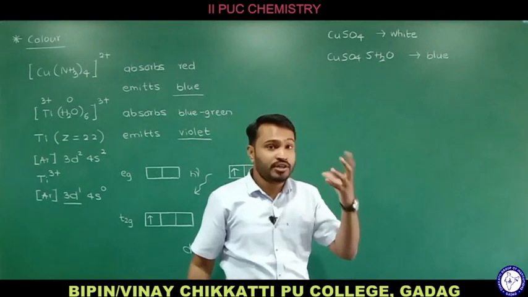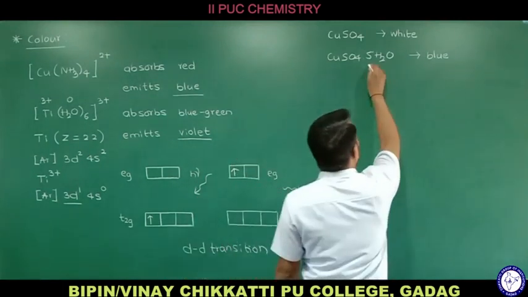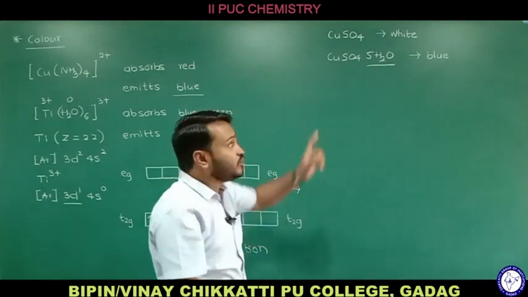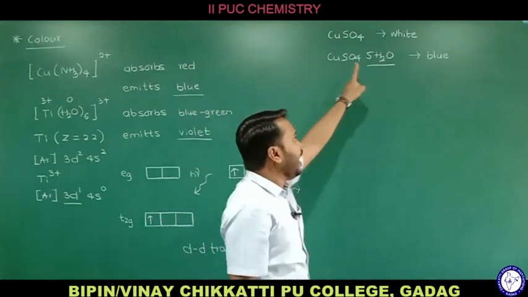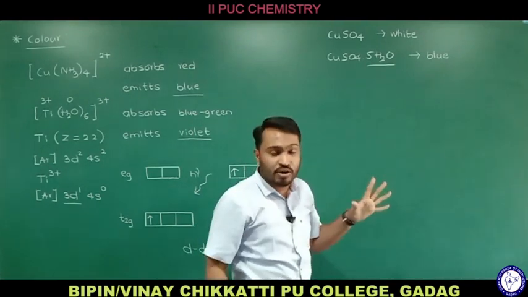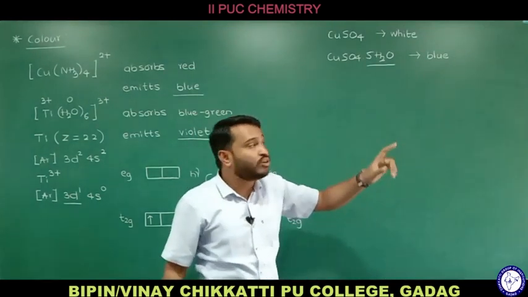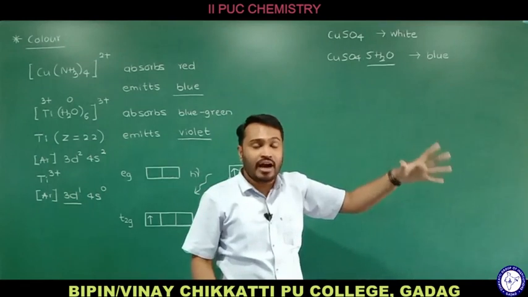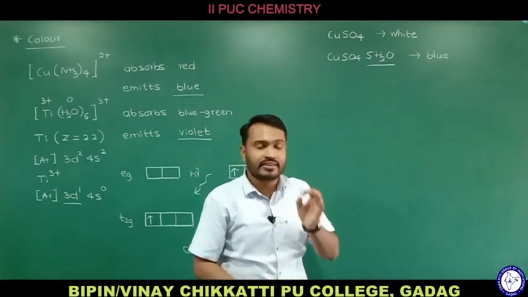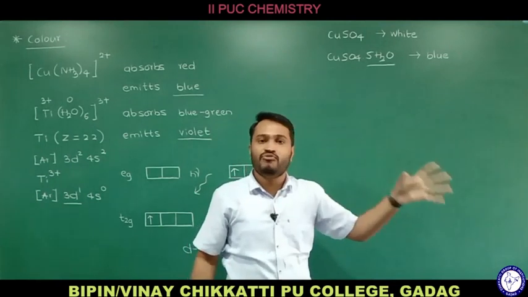Why? Because during heating, the water of crystallization will undergo evaporation. This crystal has a little content of water, that we call water of crystallization. Water of crystallization is removed means ultimately we are removing the ligands. If we don't have ligands, then ultimately the color will be white.